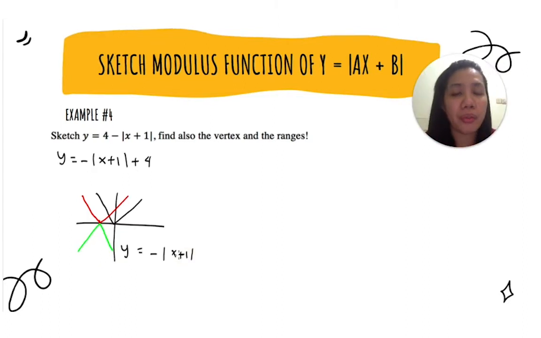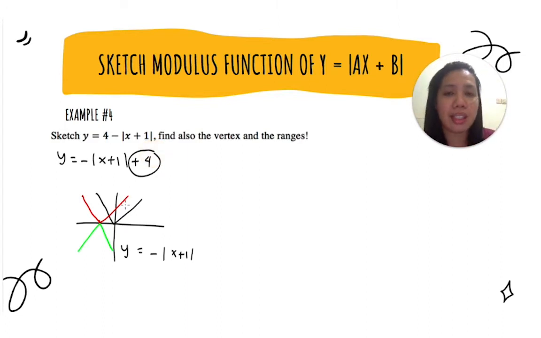But we are not finished yet because we still have positive 4 here. What does positive 4 mean? The number that we add is added to the y coordinate, the y value. So this green graph will be shifted upward by 4 units.